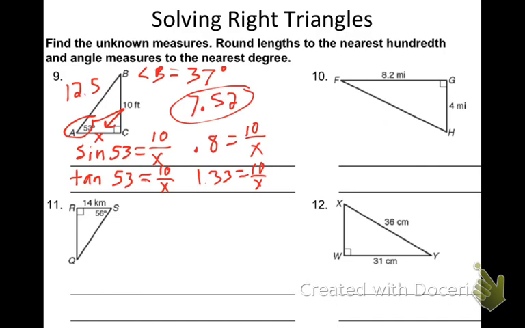Now, do remember, the last step is to take the square root. Some people earlier today were forgetting that square root. And FH comes out to be what approximately? 9.12.